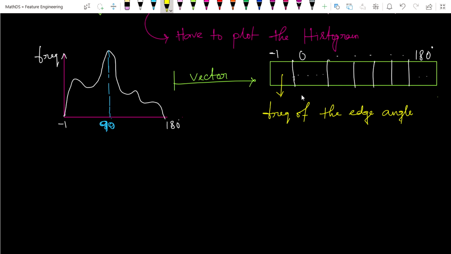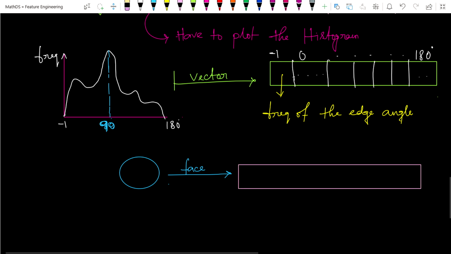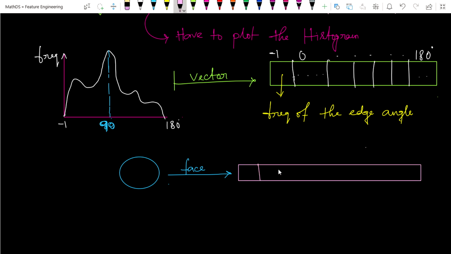Suppose from some basic concept we know that if there are some faces, then its feature vector will look like this type of feature vector, up to 180 degrees.